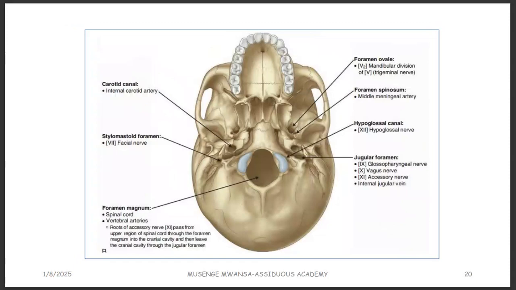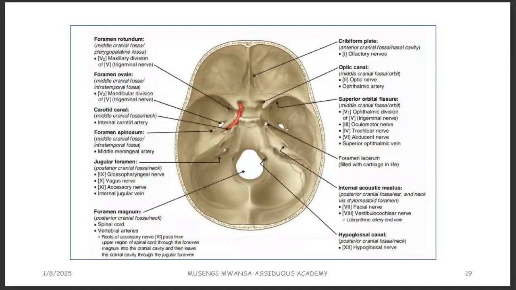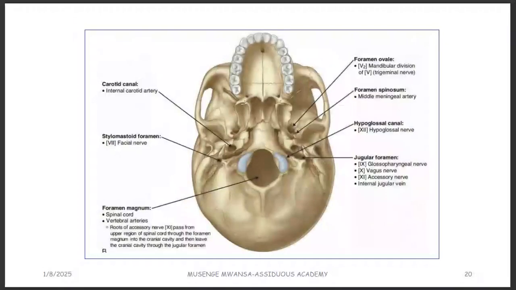When you look at the head from below, because this is when you've cut out the top part of the head and then you are looking from the top, but here you are looking from below, can you see where those same openings are now? You have got the foramen ovale, you can see where it is here. Just next to the foramen ovale, you have got the foramen spinosum at this point.